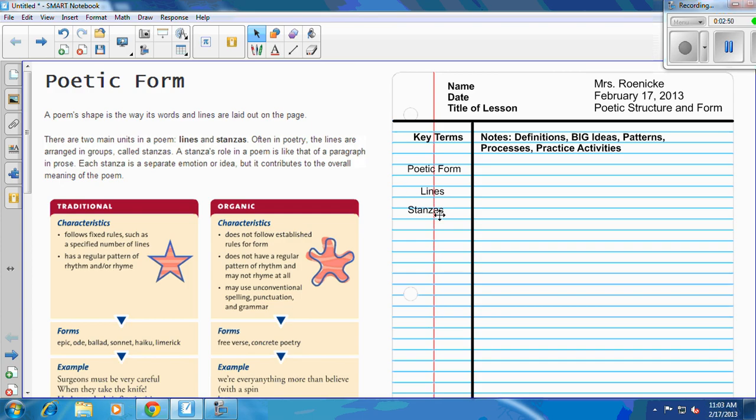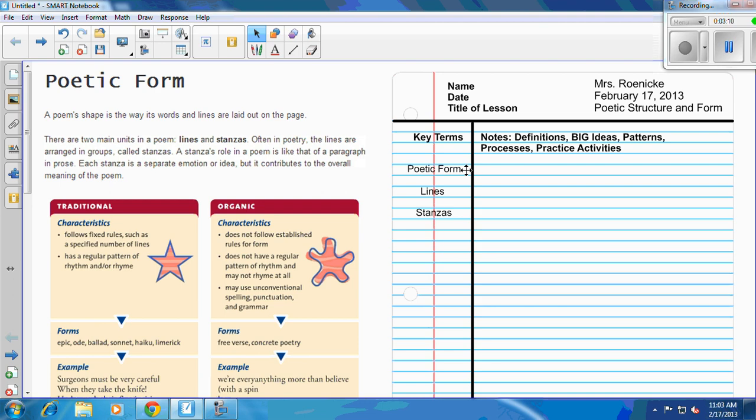You'll notice that I'm leaving some space in between my key terms so that I can come back and define those later on. At this point, I still am not sure what poetic form is. So I'm going to wait until I've gone through the lesson and then come back and see if I can define that at that point.